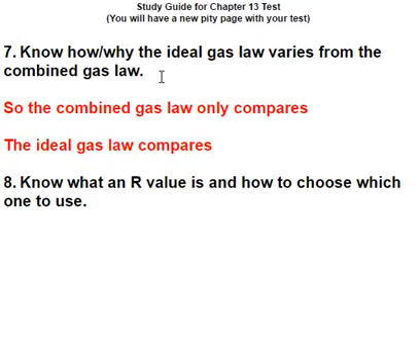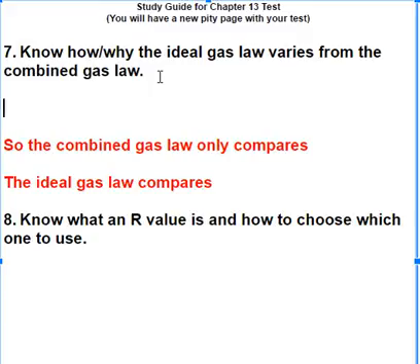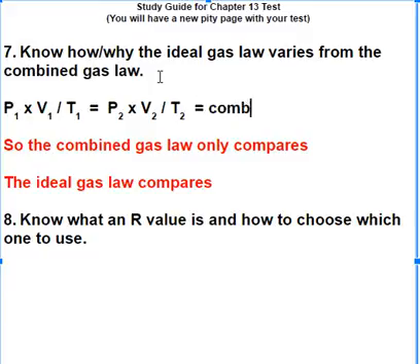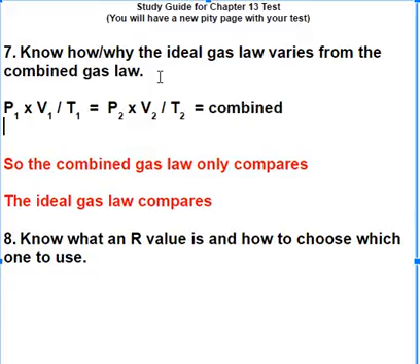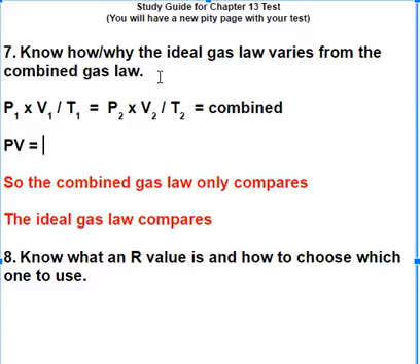So if we just type the two out here, the combined gas law has P1 times V1 over T1, and that's equal to P2 times V2 over T2. But the ideal is PV equals nRT.